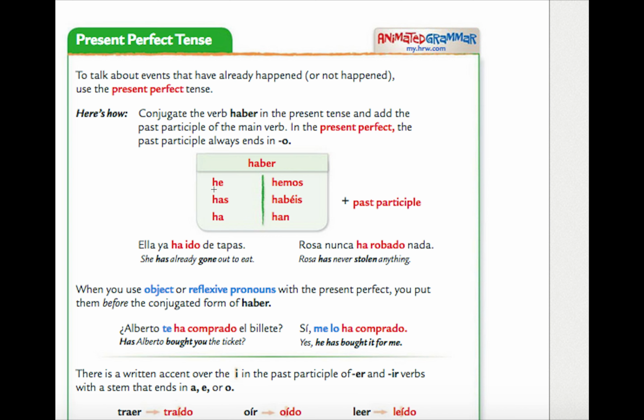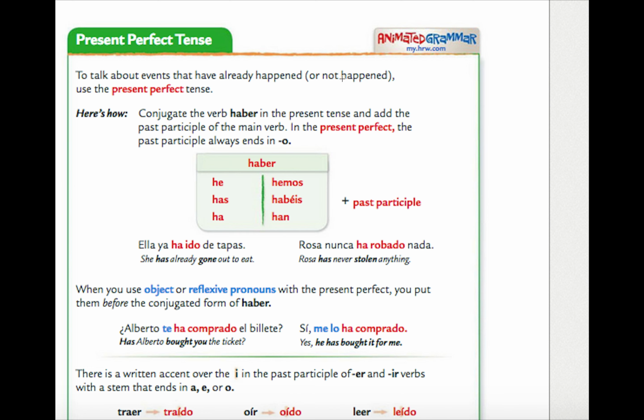For example, I have done my homework. She has done her homework. He hasn't done his homework, okay? So again, it's have plus pasado participio in English. No had, have.